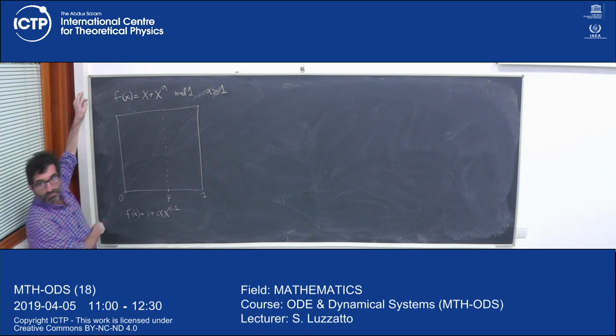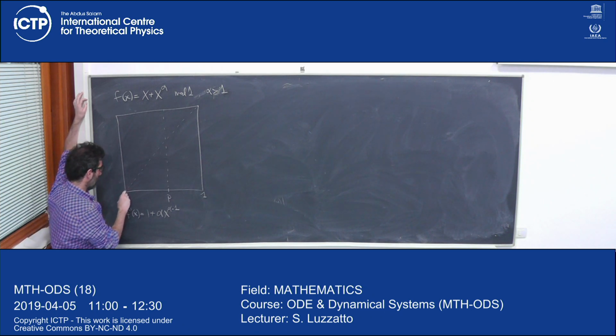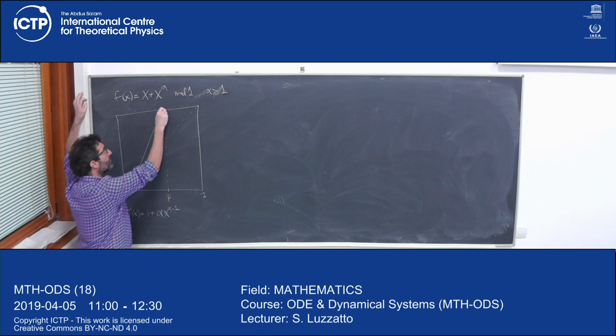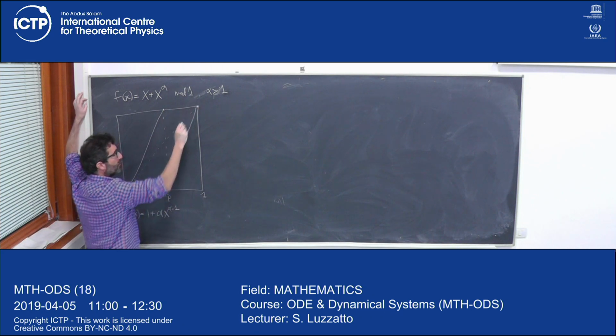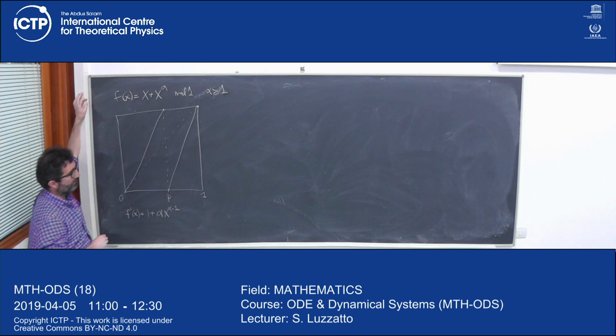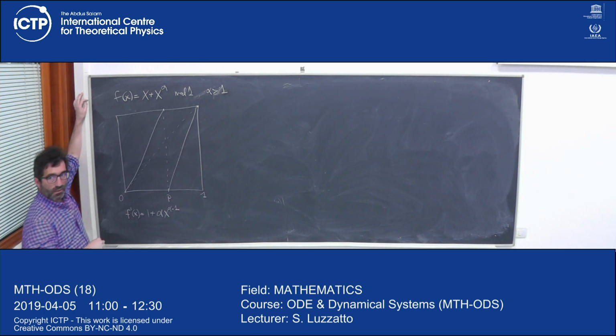So this is 1 plus something everywhere. It will be bigger than 1 everywhere except at 0, where it is 1. So here it is tangent to the diagonal. It looks something like this. So it's full branch, it has 2 branches.